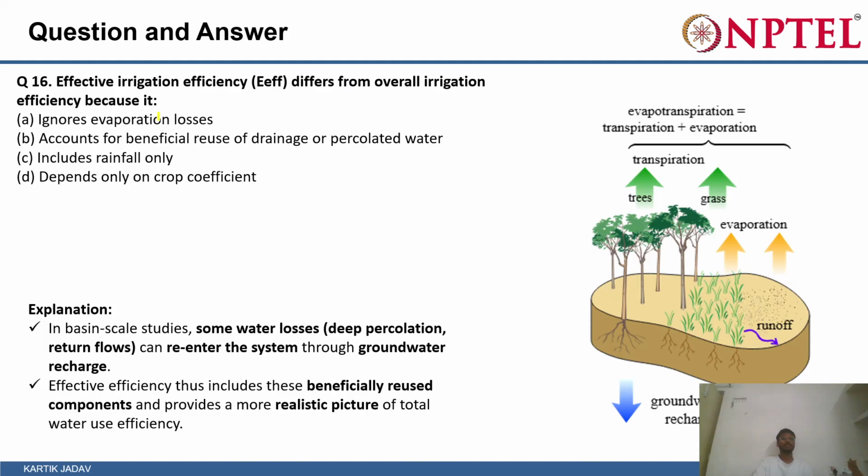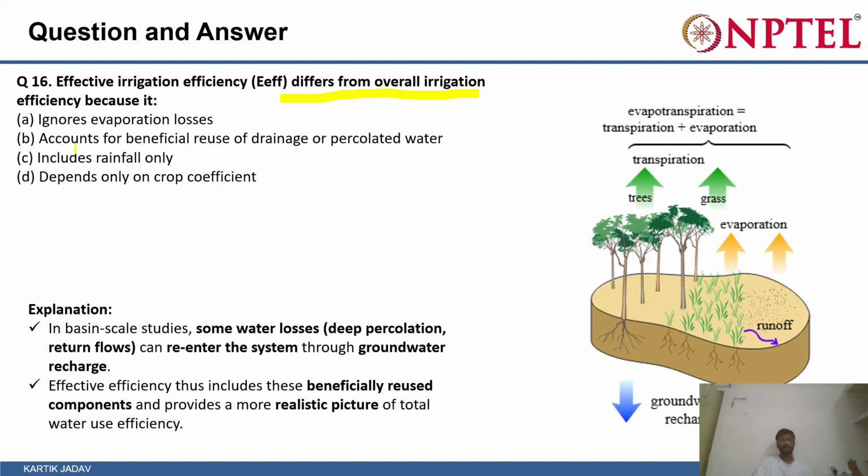Question number 16. Effective irrigation efficiency differs from overall irrigation efficiency because it ignores evaporation losses, accounts for beneficial reuse of drainage or percolated water, includes rainfall only, or depends only on crop efficiency.